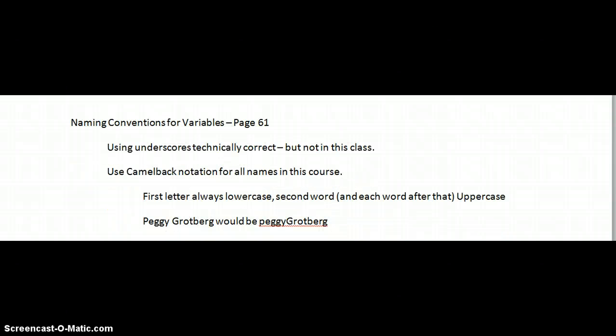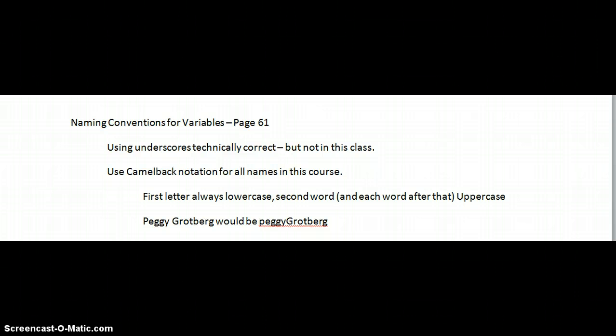You need to understand the naming conventions for variables. This is also discussed on page 61 towards the bottom of the page. Technically, using underscores in your words is correct, but don't do it for this class. You need to use the Camelback notation for all names in this course.